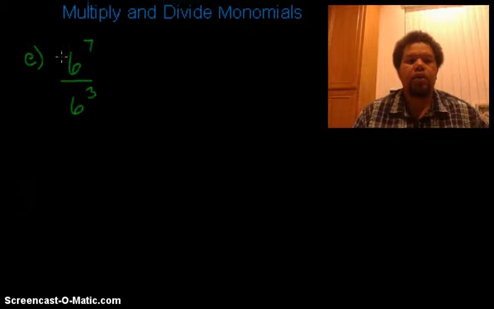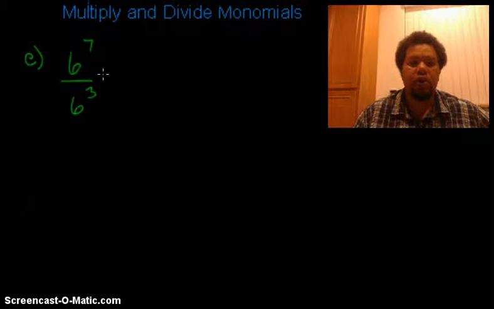Okay, so now say we have a quotient of monomials, meaning we have a monomial being divided by another monomial. Same kind of concept, we have the same base, so we're going to keep our base. So in this case, our base is 6, and we're still going to do something with the exponents, but this time, since it's division, we are going to subtract the exponents.